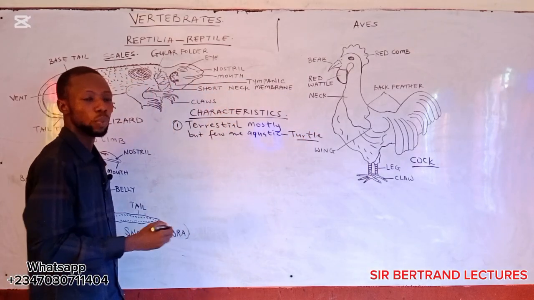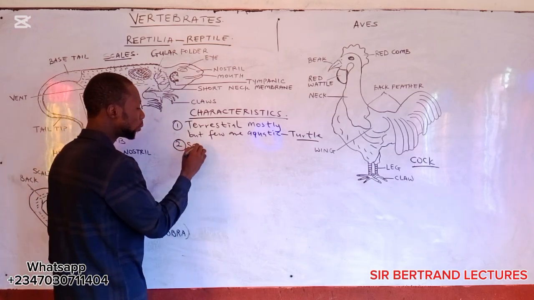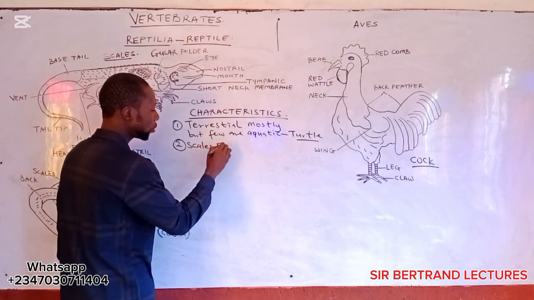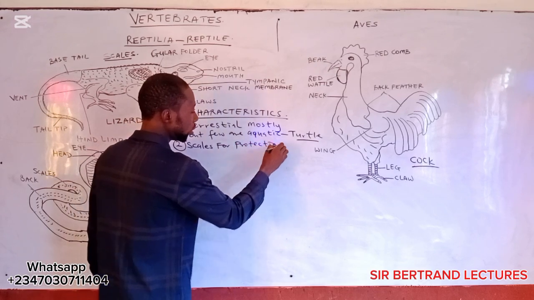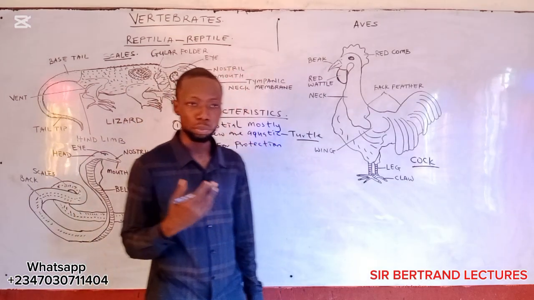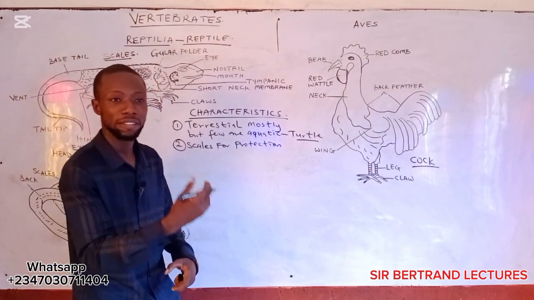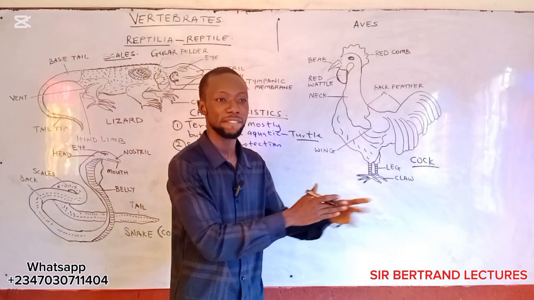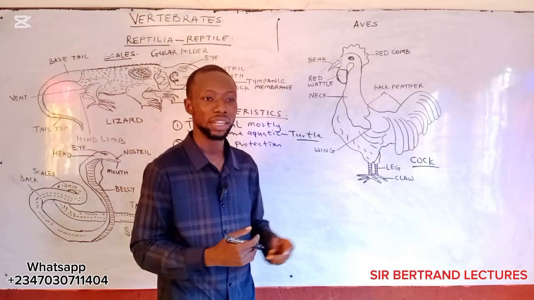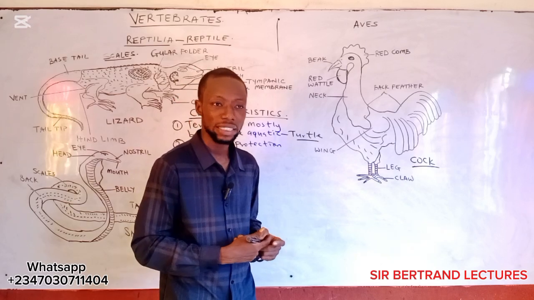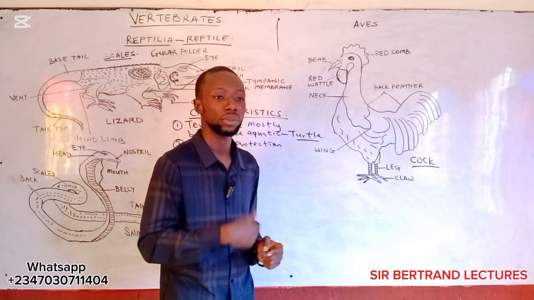Turtle is an aquatic reptile. Number two, reptiles possess scales used for protection, and this is why crocodile was not classified in our last class as an amphibian, despite the fact that it can be aquatic and terrestrial. Crocodile is classified as a reptile because it possesses scales.